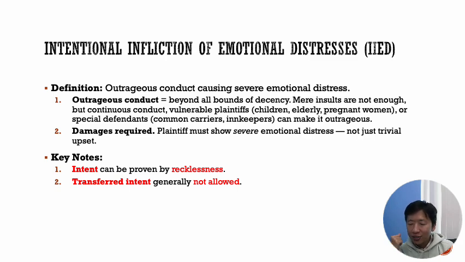You might come to the conclusion, oh yes, there's a transferred intent. So the mom also can sue the defendant for IIED because there's transferred intent, right? Okay, but the answer is no. IIED doesn't work here. Okay, keep in mind.